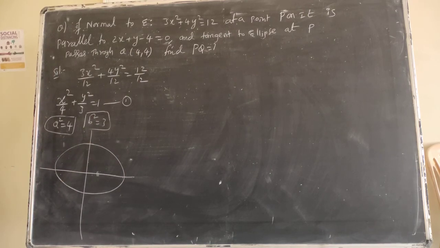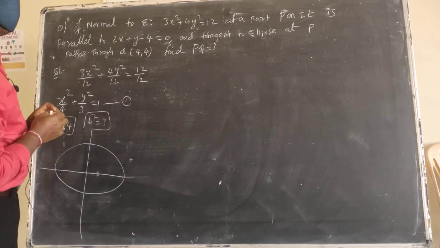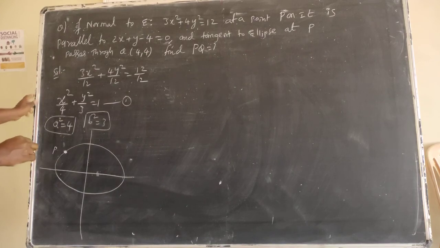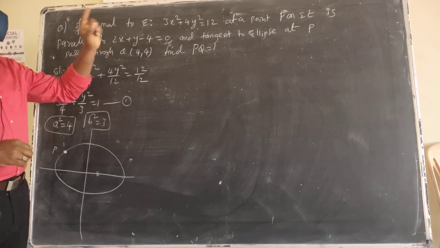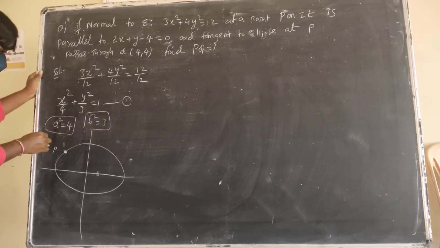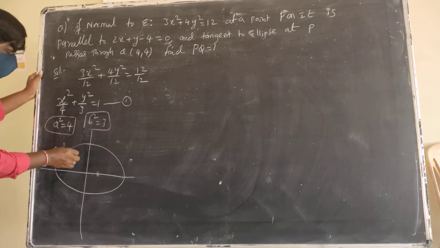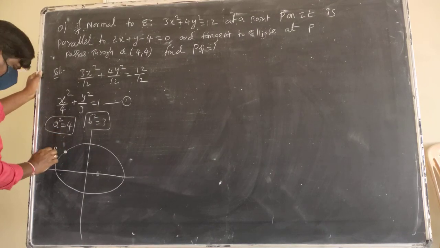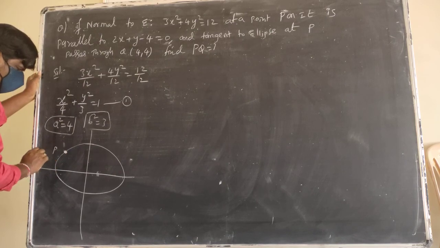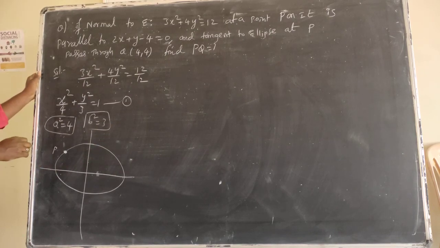So here it is saying, at a point P on it, a normal to the ellipse at a point P. Suppose if this is the point, you have to draw the normal, okay? So before that I have to draw the tangent, right?